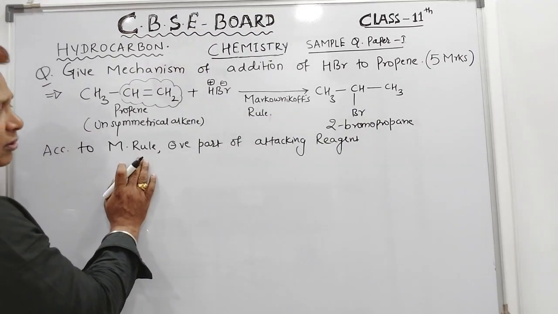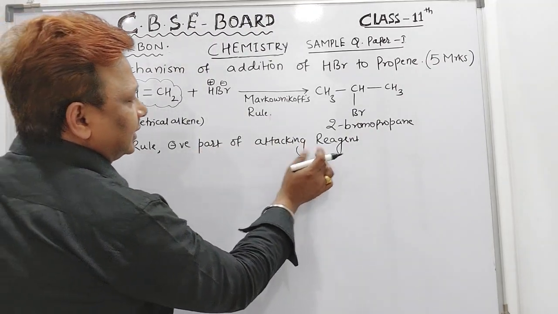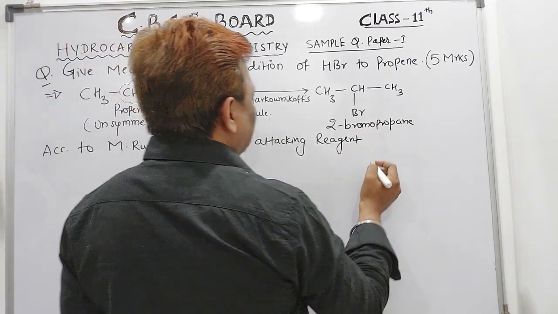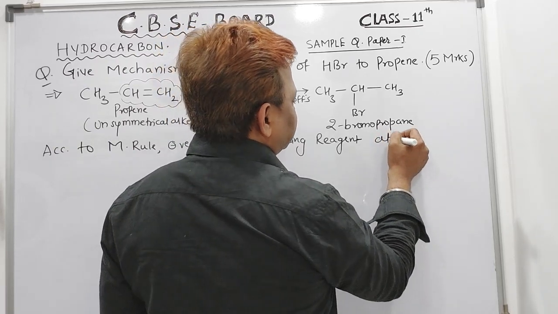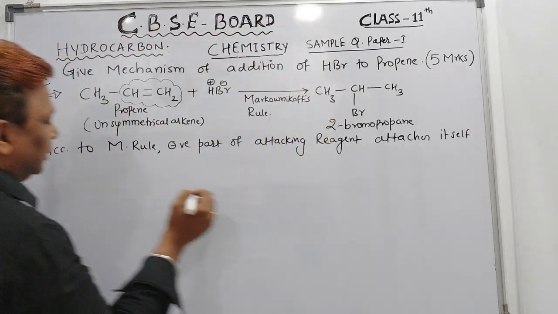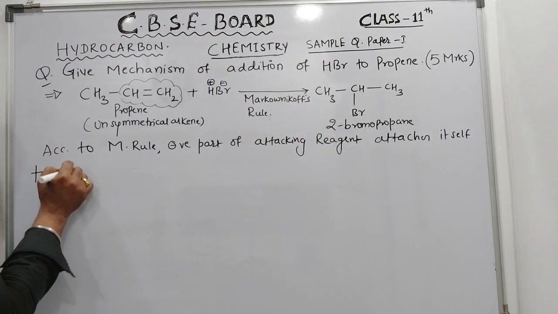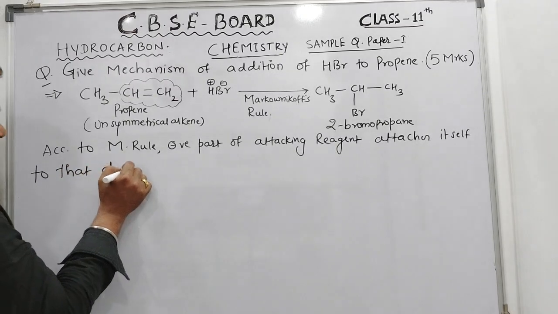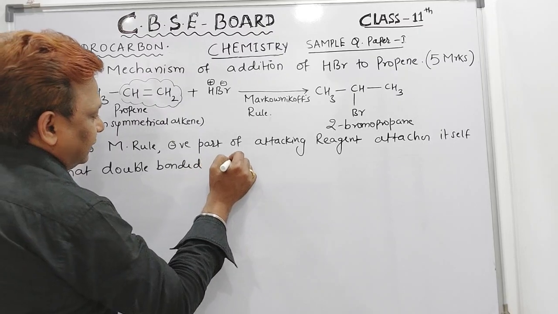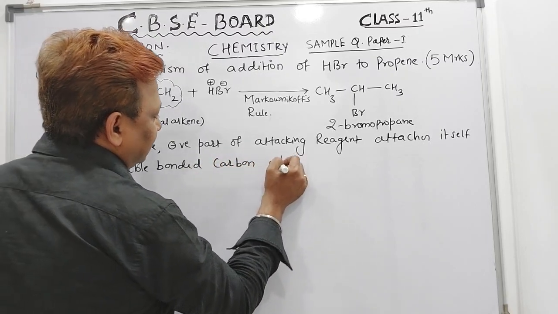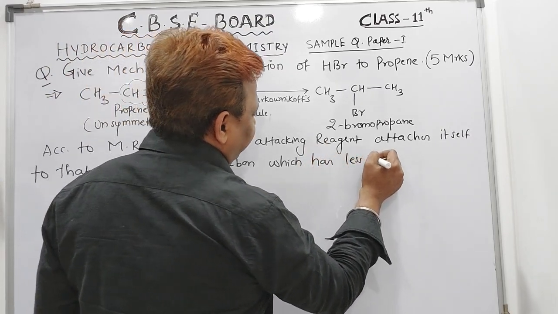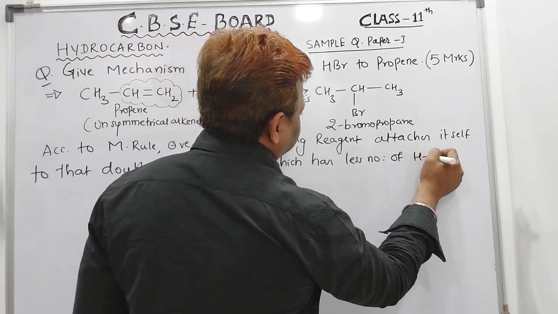So according to Markownikoff's rule, the negative part of the attacking reagent, what is the negative part of the attacking reagent? Br minus. The negative part of the attacking reagent attaches itself to that double bonded carbon which has less number of hydrogen atoms.